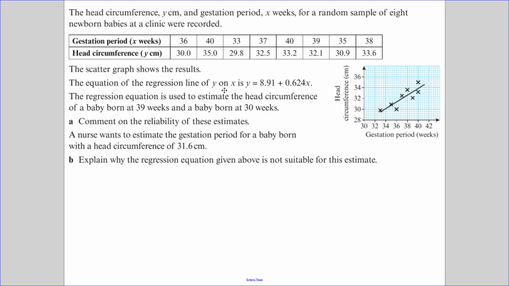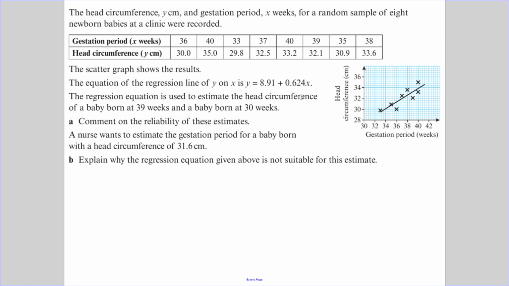And we don't know what happens to this set of data. It might be that babies are only born from 22 weeks, because this one starts at 23. It might be that they don't grow a head until week number 32. So we actually don't know what happens with this data set if we start going beforehand. So 39, accurate, it's interpolation. And 30, inaccurate, it's extrapolation, it's outside of our data set.